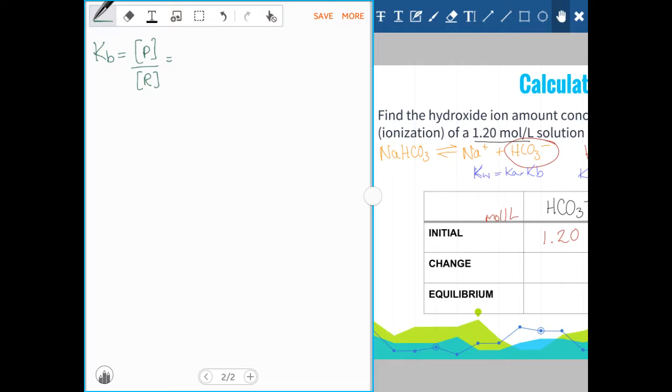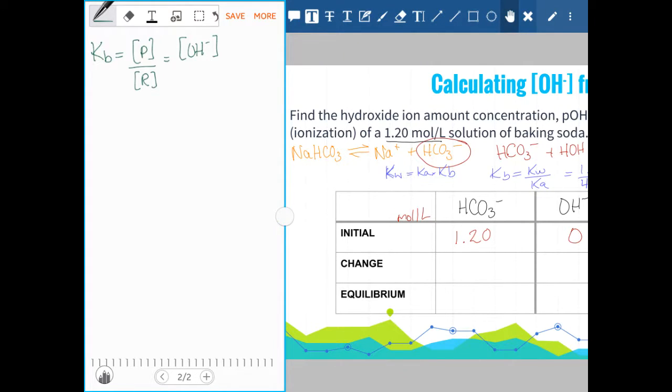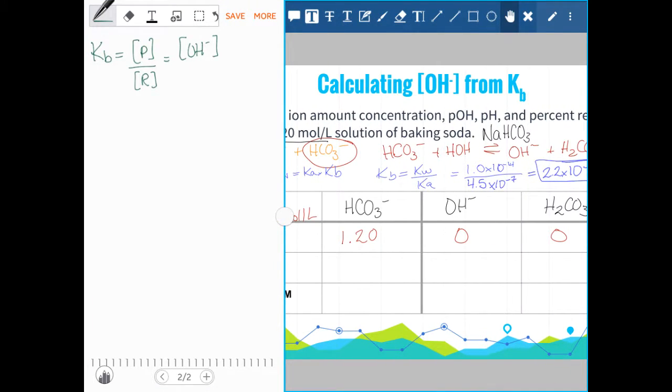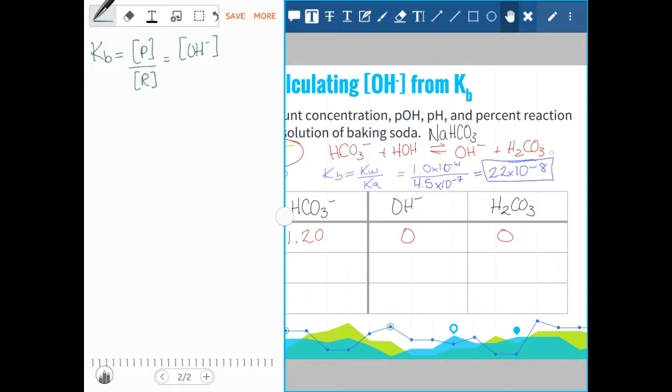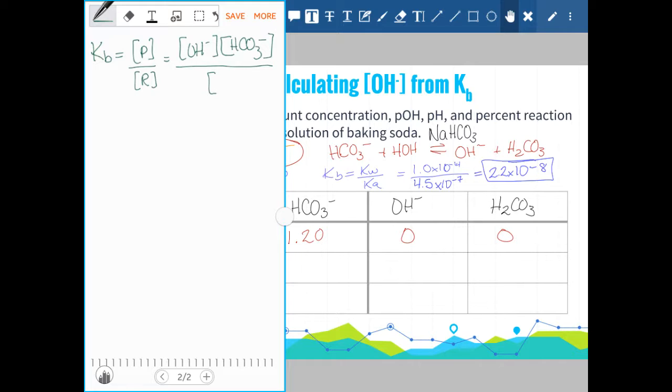Okay, I know that the products of my reaction are going to be my hydroxide ion, and based on what I have over here, my hydroxide ion and my extra hydrogen onto that, and I get my carbonic acid, H2CO3, all over my reactants, pardon me, I've mixed myself up here.